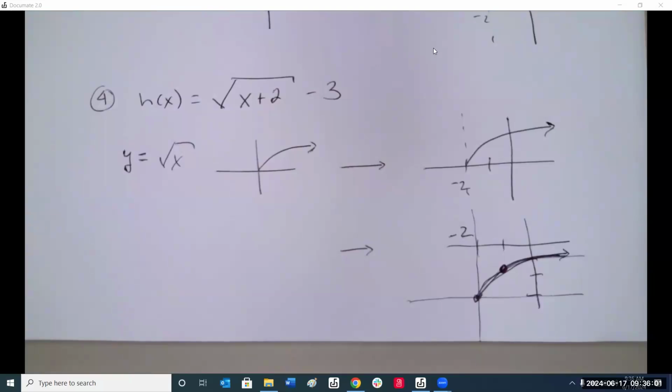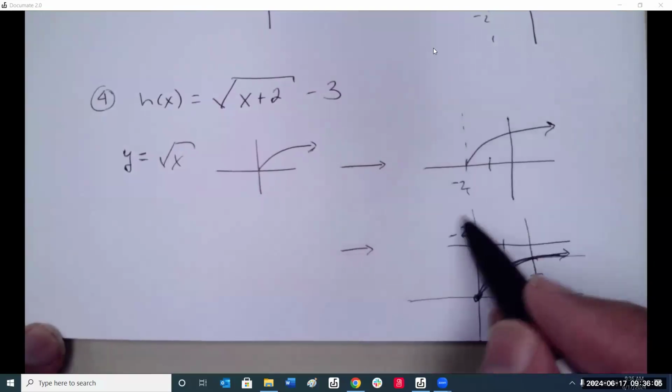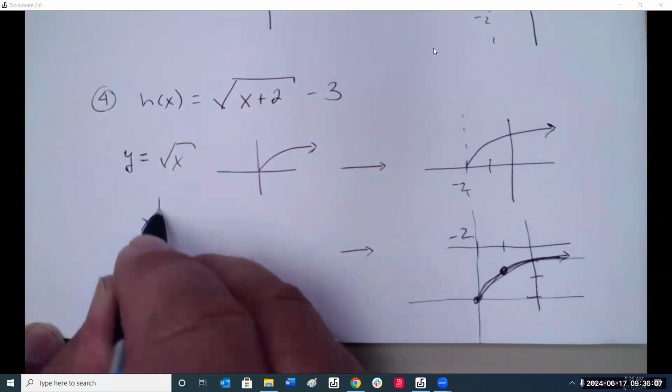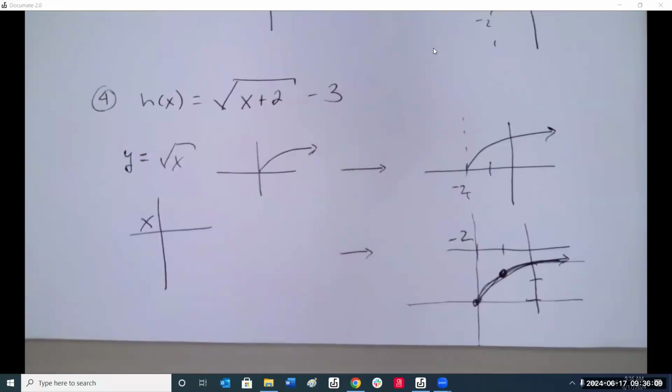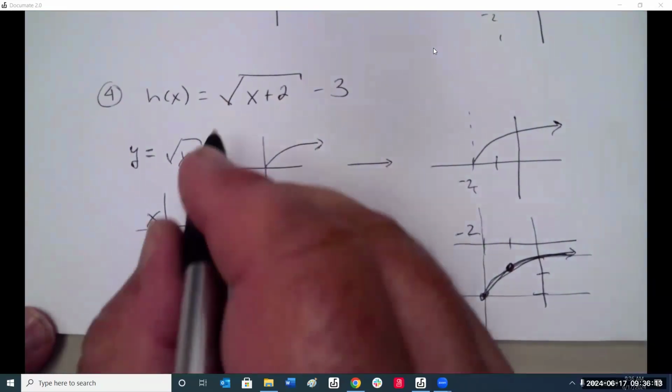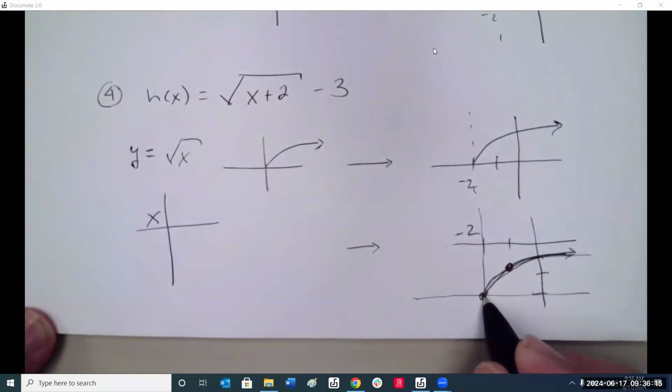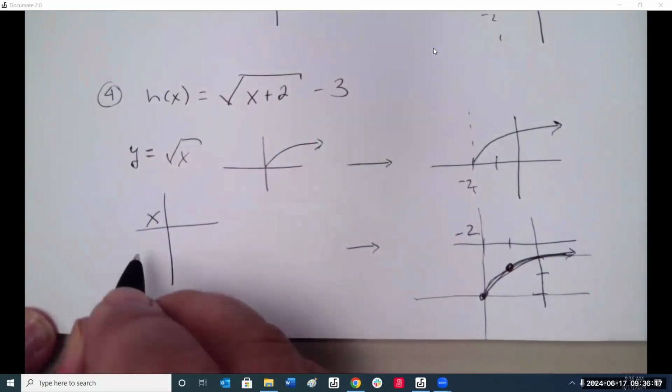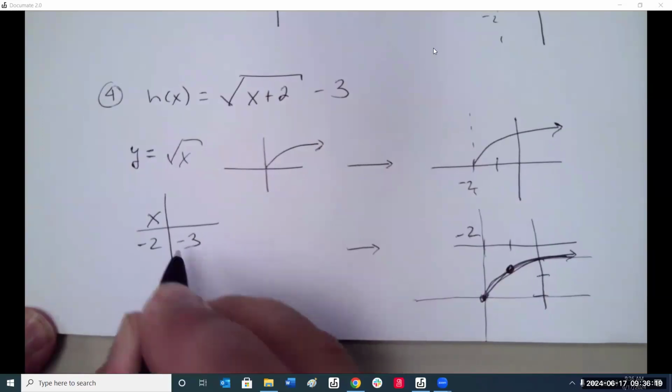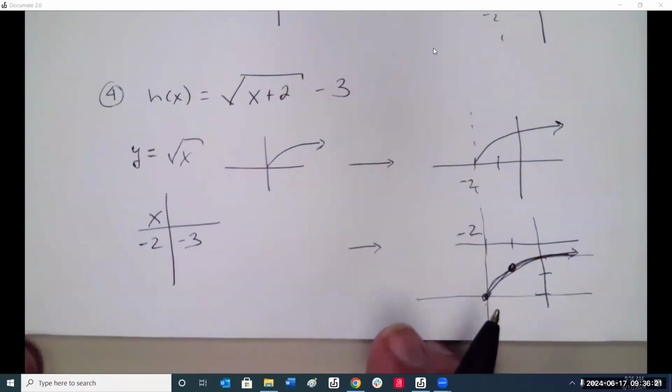What's that? Well, after we get the idea what the graph looks like, you got to find me some points. Because you have to plot the points on your computer. So we know the first one, that's the origin. So we know at negative 2, negative 3 is a point of the graph.